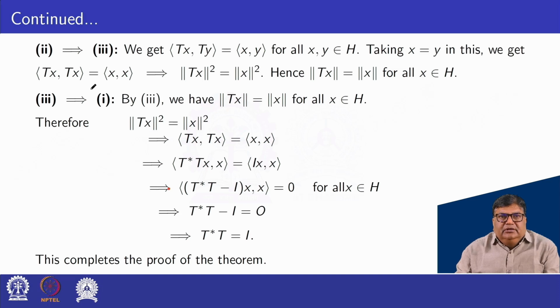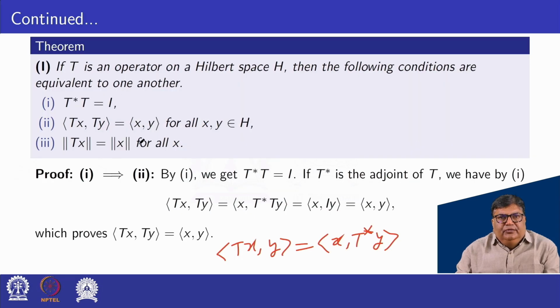So this can also be written as norm of Tx square. This implies that norm of Tx square is equal to norm x square. Taking the square root of both sides, we get norm of Tx is equal to norm of x for all x belonging to H. So the third is proved here.